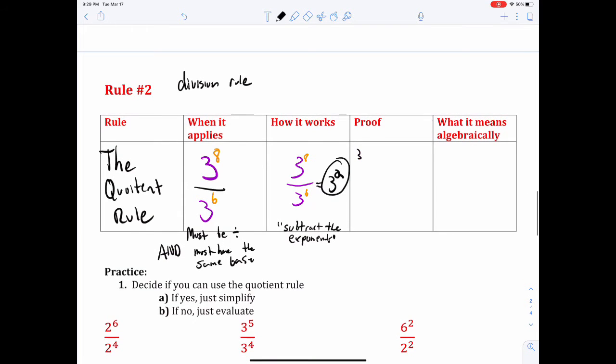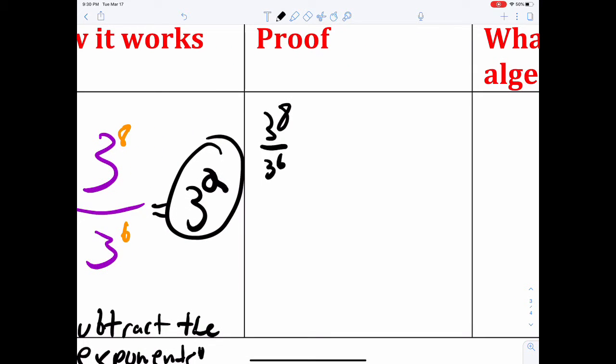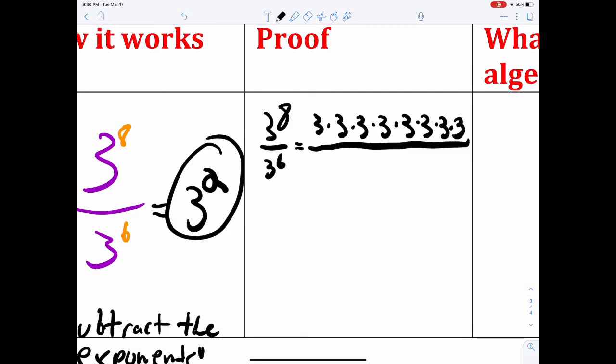Here's the proof. Again, similar. So 3 to the 8th over 3 to the 6th. That's really going to be 3 multiplied by itself 8 times, over 3 multiplied by itself 6 times. And then if you notice, you're going to be able to cancel these out.